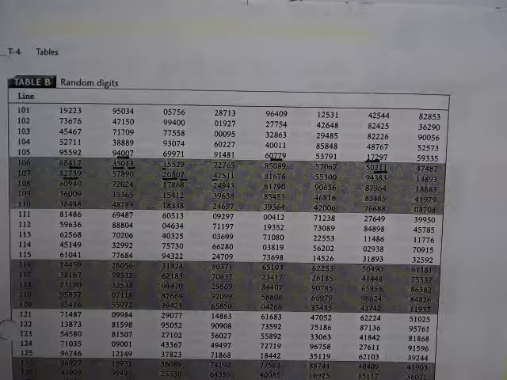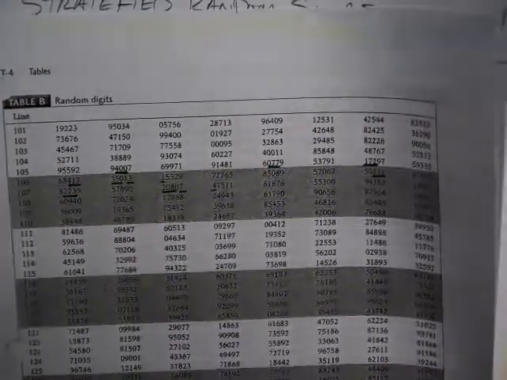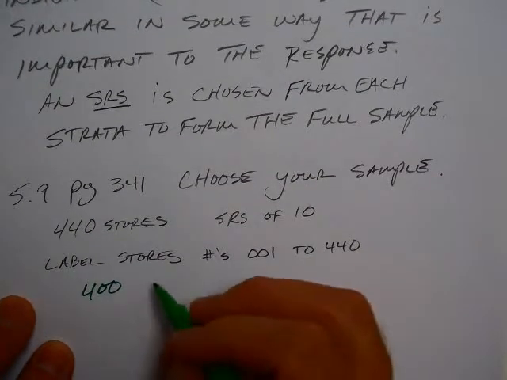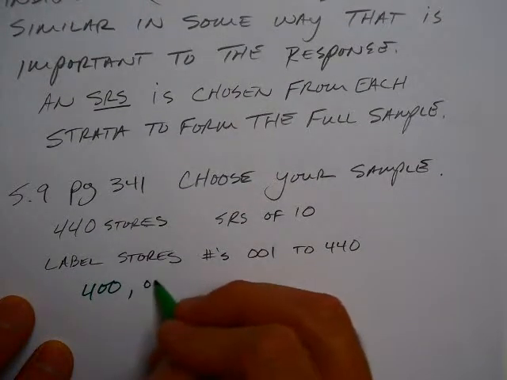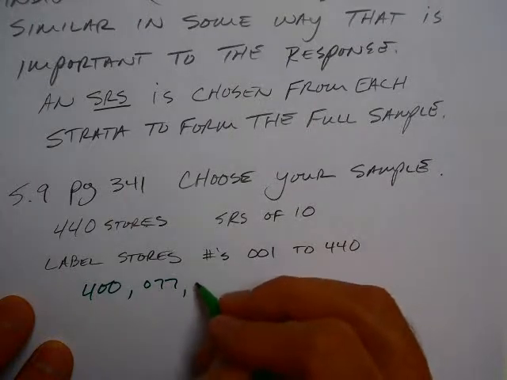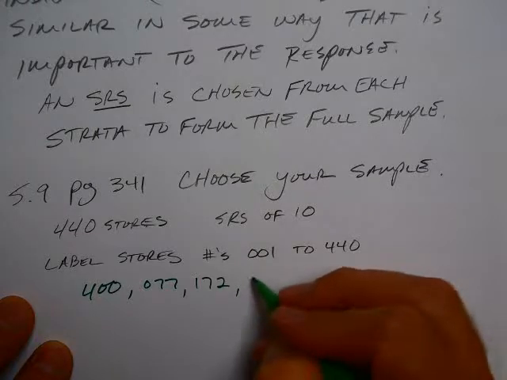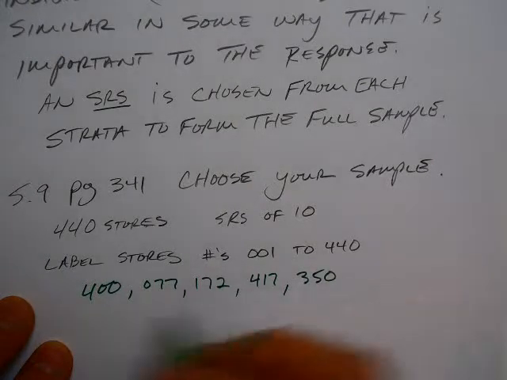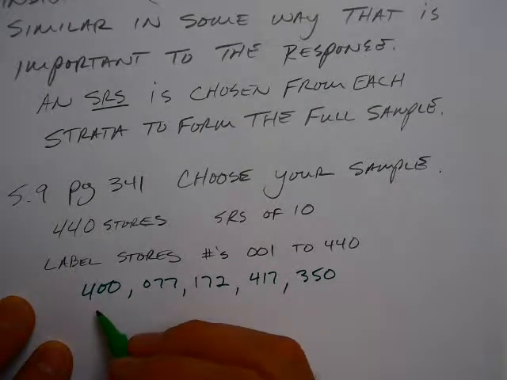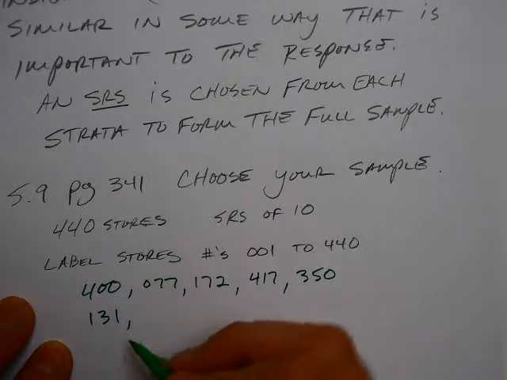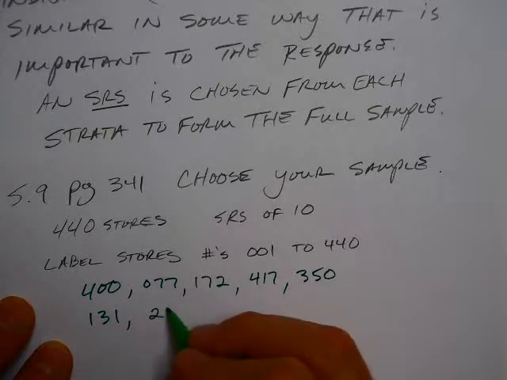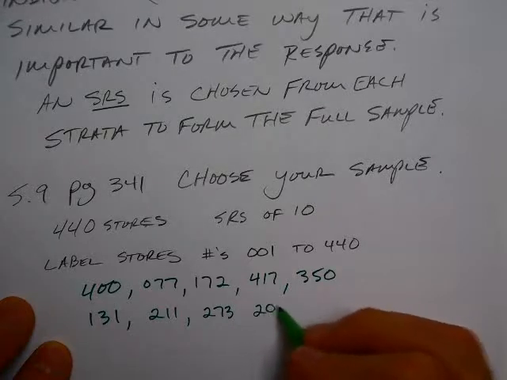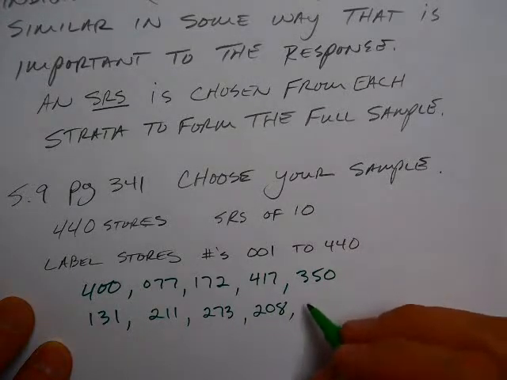So I underlined them. So the numbers that I found, hopefully you guys did as well, were 400, store 77, store 172, store 417, store 350, store 131, store 211, 273, 208, and the last one was 074.